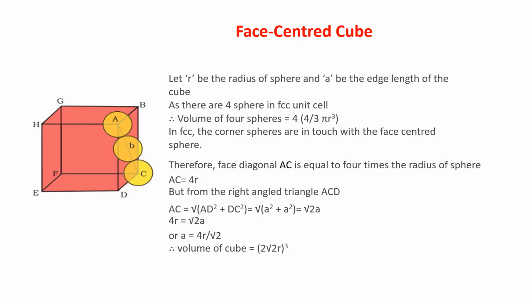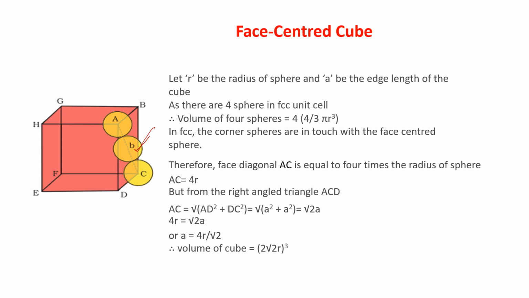Next is face centered. Face centered: let R be the radius of the sphere and A be the edge length of the cube. Now, in face centered, there are spheres at the corners and one at each face. Here A, C and B are visible. A and C are at the corners and B is in the center of the face.